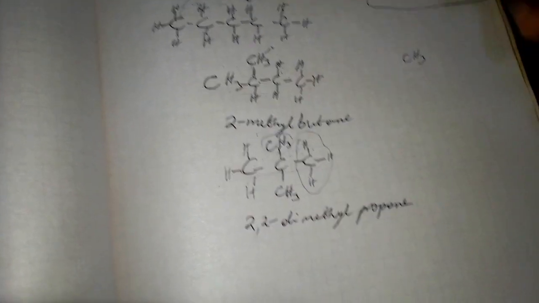So we notice that we already have 3 isomers for pentane.